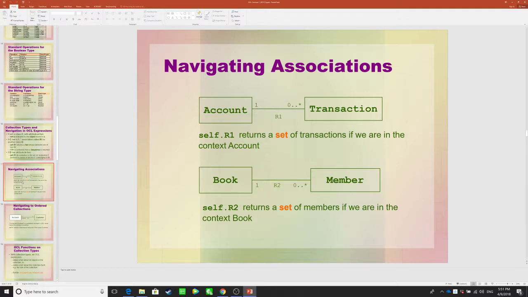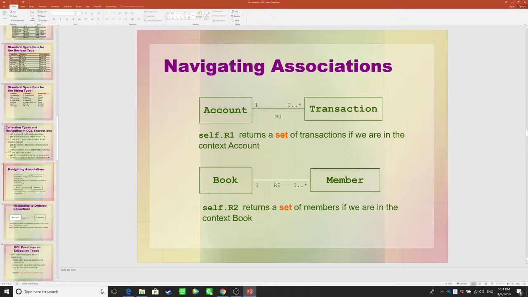So self.r1 returns a set of transactions if we are in the context of account. Remember what context is? Context means self refers to the context. So if the context is account, self refers to the account. So self.r1, R1 is the relationship between account and transaction.